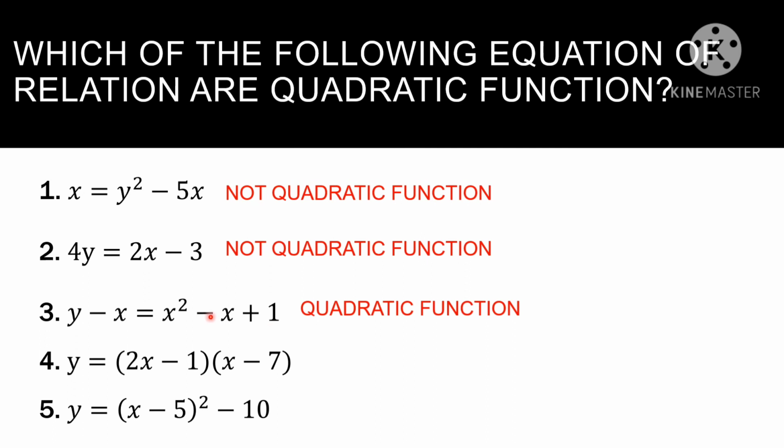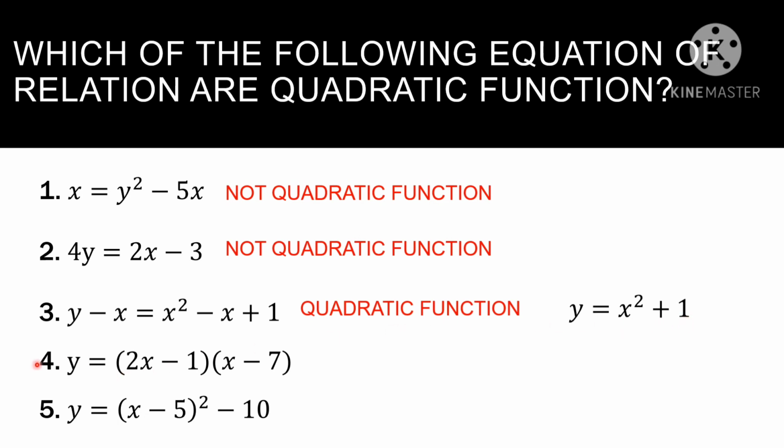So you have negative x, so the x will cancel. So what will happen there, we will come up with y equals x squared plus 1. So this is still a quadratic function, even though the linear term is missing, the bx. But your x squared is here, represented by x squared, and the c, which is the constant, is 1.